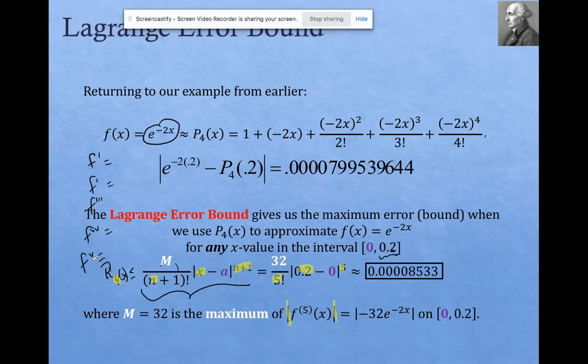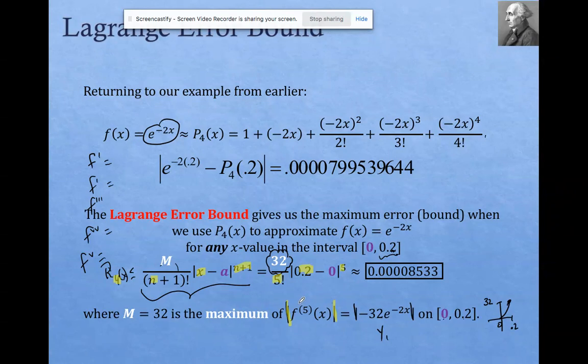So I had to find the fifth derivative. I then had to take its absolute value. I just put this in y1 in my calculator, and I graphed it on 0 to 0.2. And it looked like this, where that maximum was at 32. That's where the 32 came from. This is the annoying piece of Lagrange.